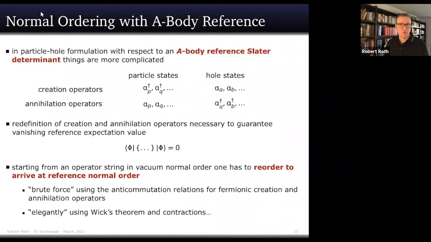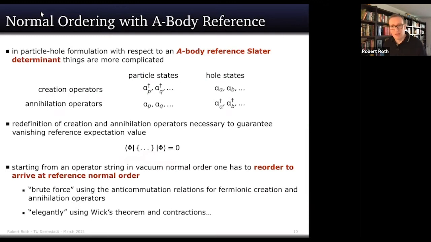Then you can also talk about this normal order, but things are getting messy because you have these two different families of states, the particle states and the hole states. Just keep in mind that you want to guarantee that the expectation value of your normal ordered chain with this A-body reference determinant is zero.